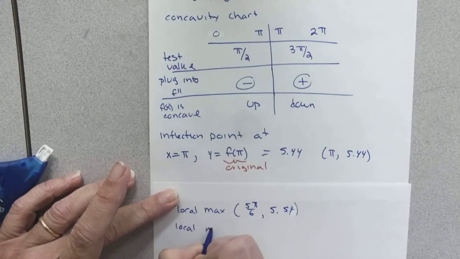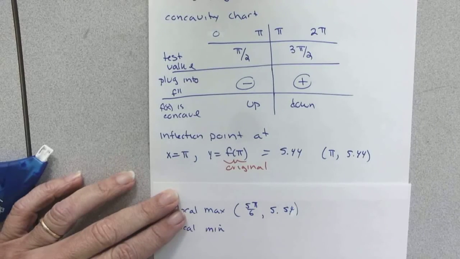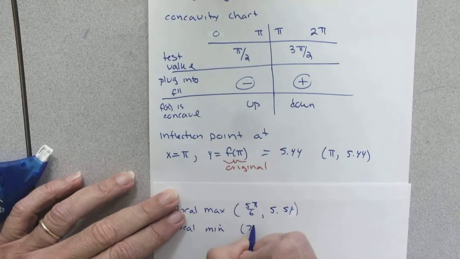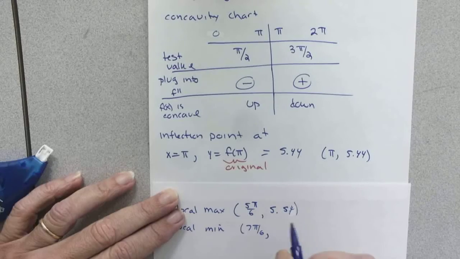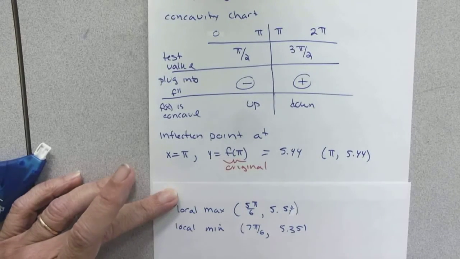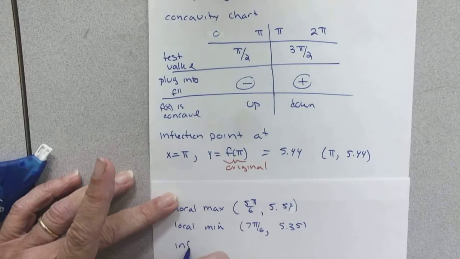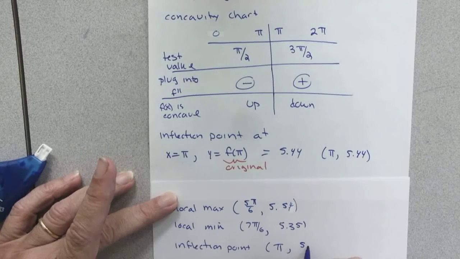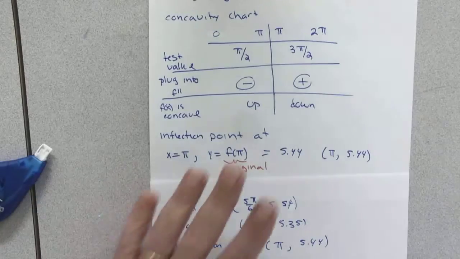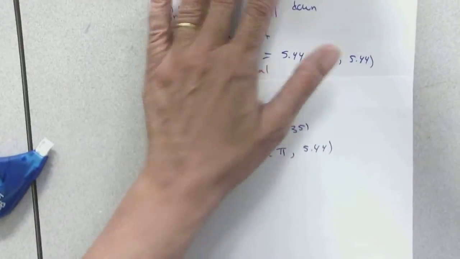We found that there was a local min at 7 pi over 6, 5.35, and then we had an inflection point at pi, 5.44. That's everything we found.